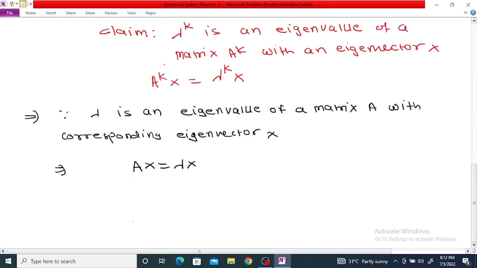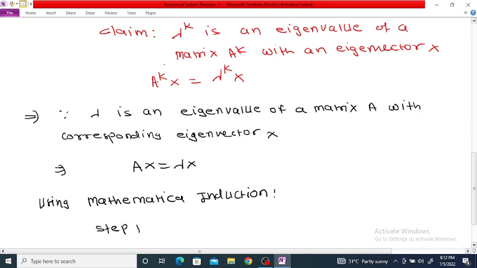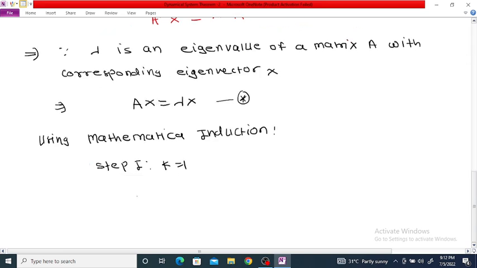Now we are going to use mathematical induction. Step 1, from this equation star, for k equal to 1, we want to show that Ax is equal to lambda x. So from star we can write Ax is equal to lambda x.